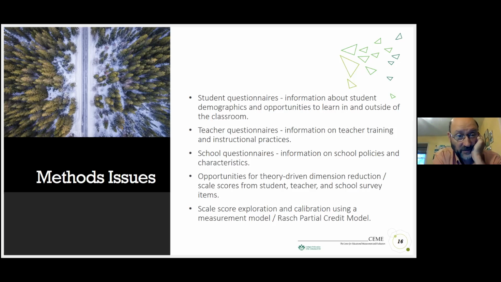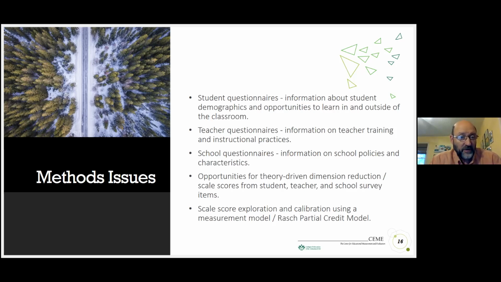So all this gives you, and this is something we've done a lot of, opportunities for theory-driven dimension reduction. What I mean is basically creating scale scores from student, teacher, and school survey items. Now, everybody might not necessarily agree. Some folks have published a lot with some of these large federal data sets without doing so.